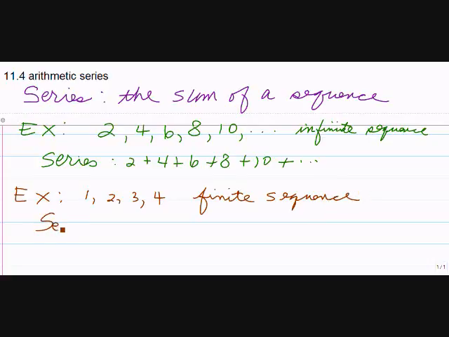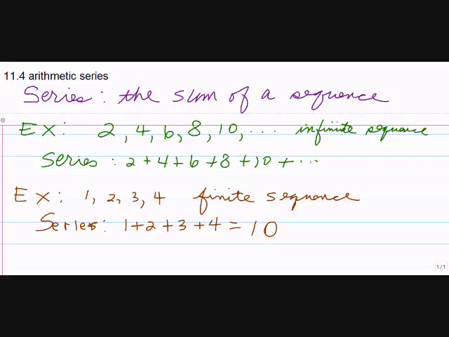And its series, S-E-R-I-E-S, there we go, 1 plus 2 plus 3 plus 4, better known as 10. Okay? So the sum of the sequence 1, 2, 3, 4 is 10. So I call the series 10. So the value of the series is 10.